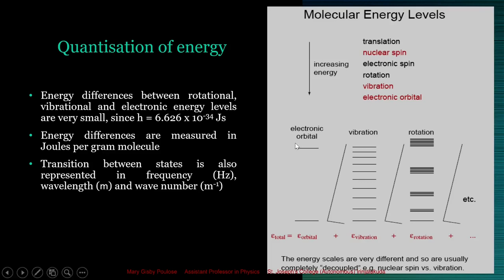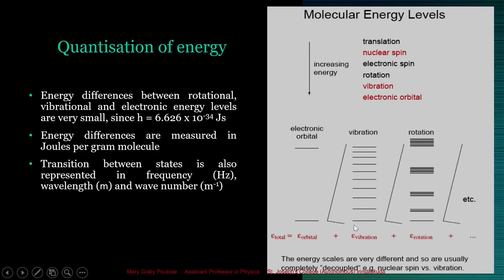From this figure, it is clear that if this is the ground state of the electronic orbital and this is the first excited state, near the ground state of the electronic orbital itself, we get this many vibrational energy levels. All of these vibrational levels exist near this region, so they are that small.